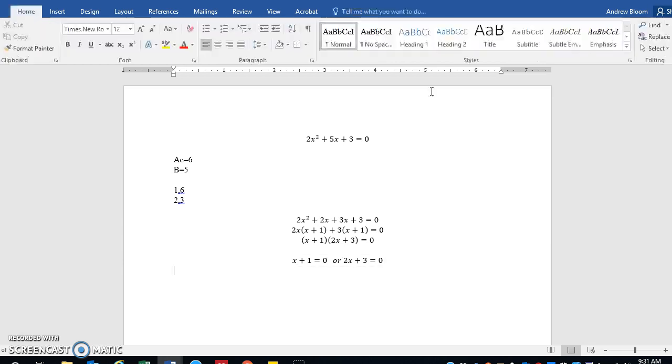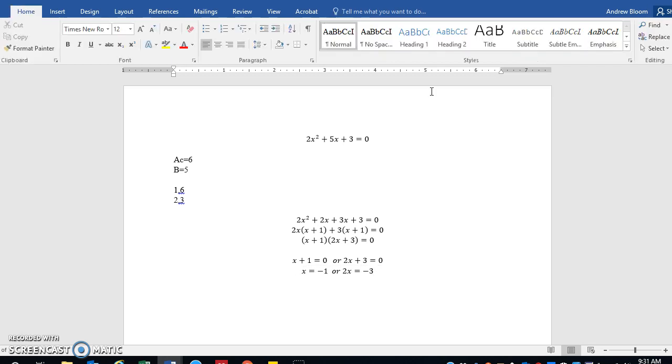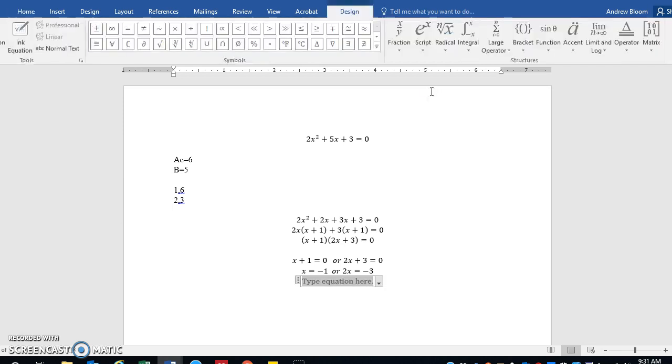Now we have two linear equations that we can solve. If x plus 1 is equal to 0, then x is equal to negative 1. If 2x plus 3 is equal to 0, we can subtract 3 from both sides, and then we can divide both sides by 2, and we end up with a final answer for our quadratic equation.